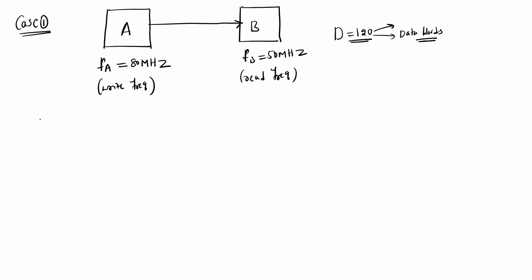Now what is the time taken to write the data? TA equals how much? Frequency and time are reciprocal, so time equals 1 by f. 1 by 80 megahertz is 12.5 nanoseconds.